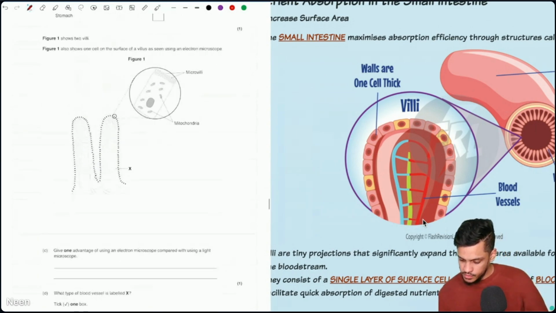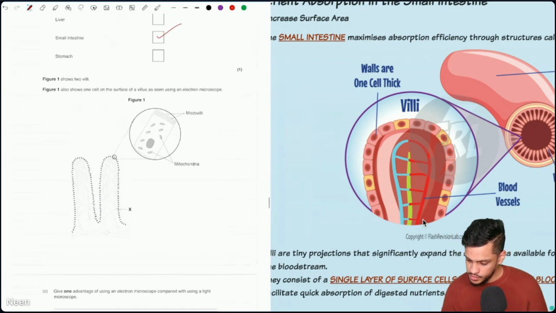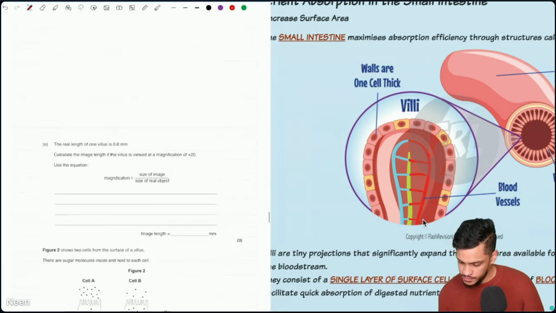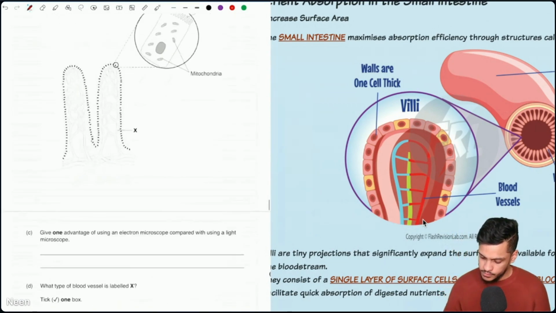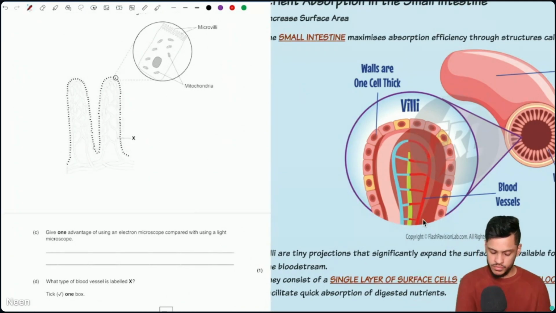And we've got one advantage of using an electron microscope compared to light microscope. One advantage. Anyone know?